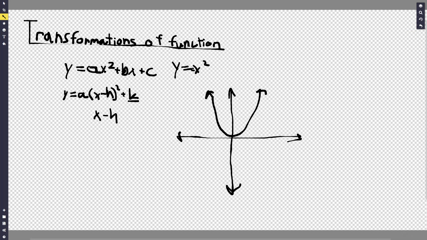If our a was greater than 1, it would be stretched vertically. And if it were below 1, it would be compressed vertically. Let me redraw that. That was bad. It might look something like that, some more flat.